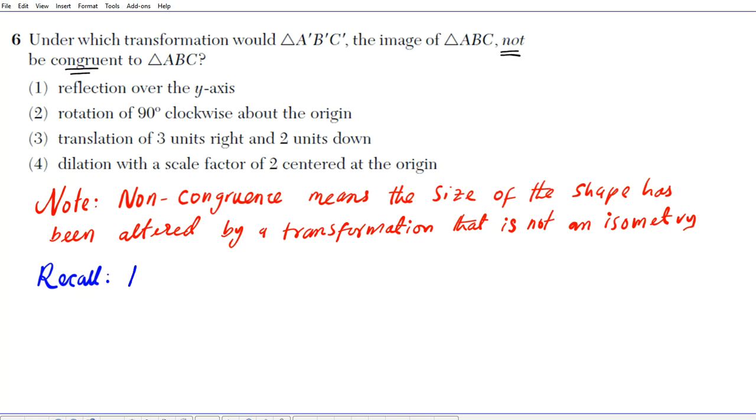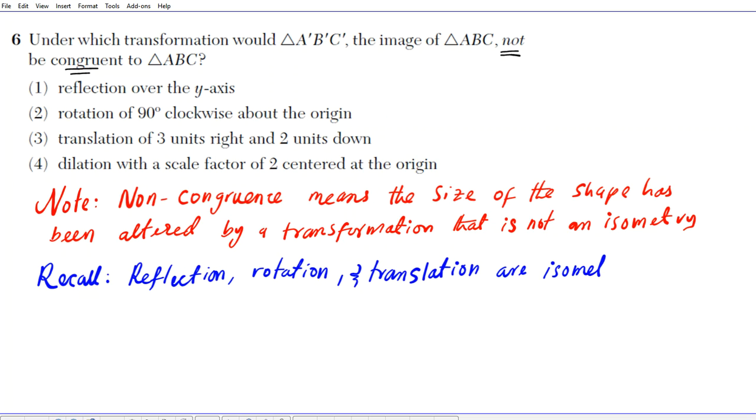What you want to remember is that reflection, rotation, and translations are isometries. These are isometric transformations in the sense that the size is the same.